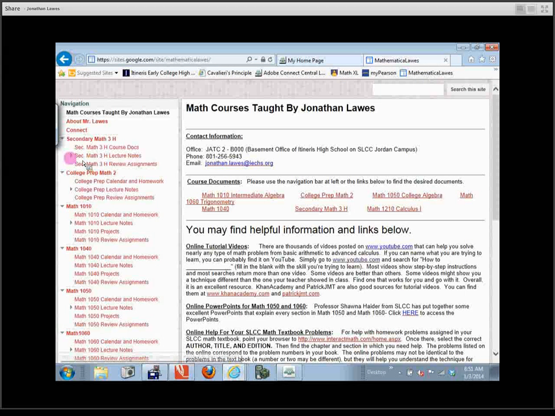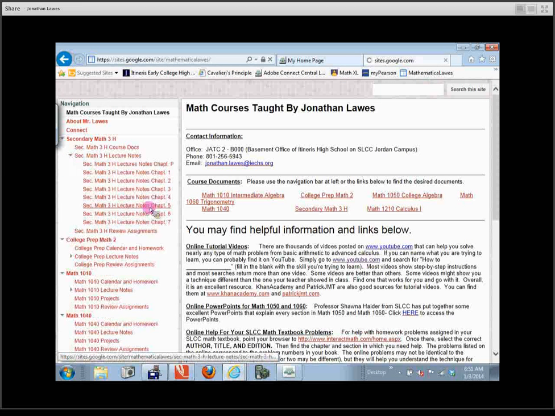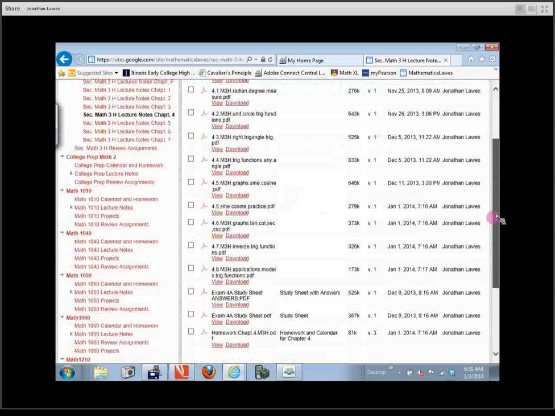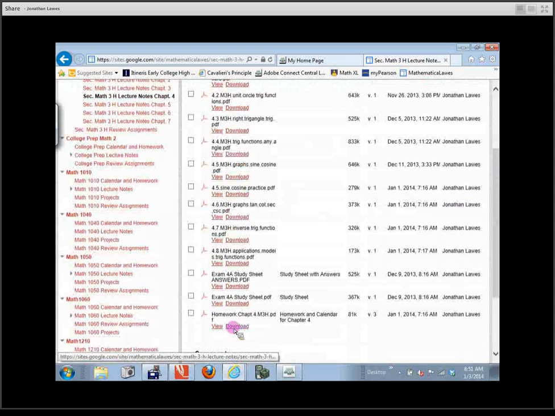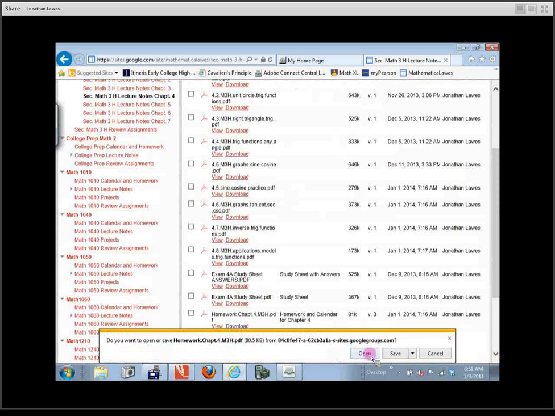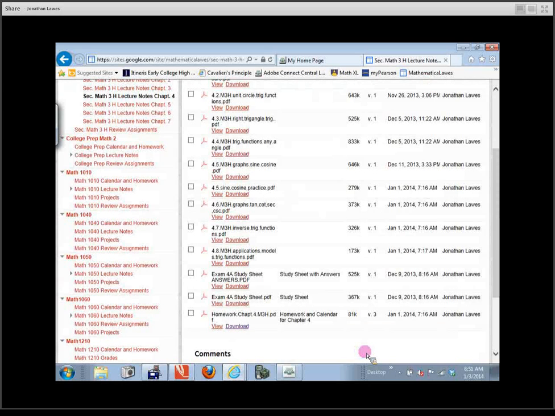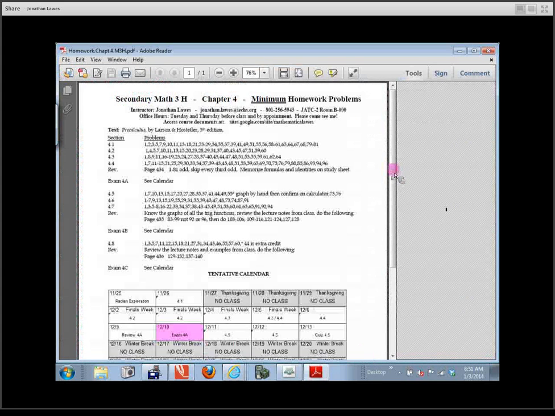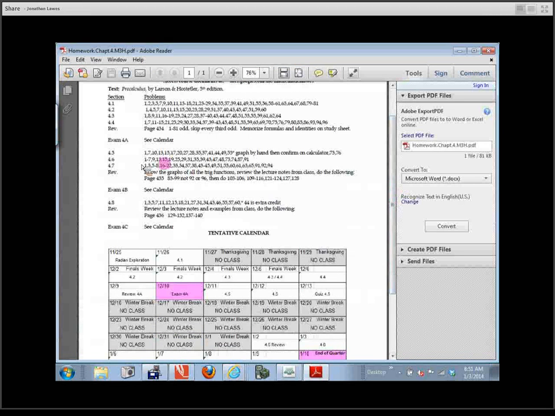And if you go right here under chapter 4, let that load. Down at the bottom, it's got the homework. And I've got a calendar on there also. So let's take a quick look at this. So here's the homework. Okay, so I filled that in.